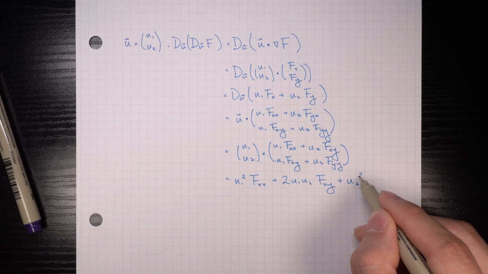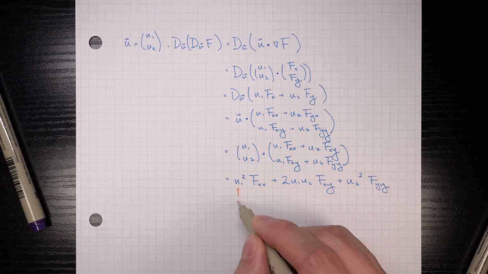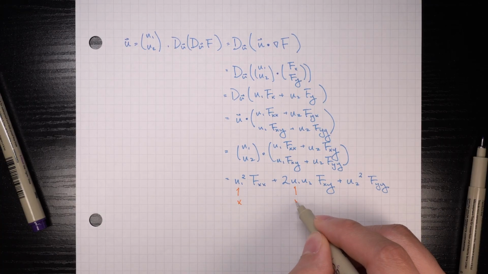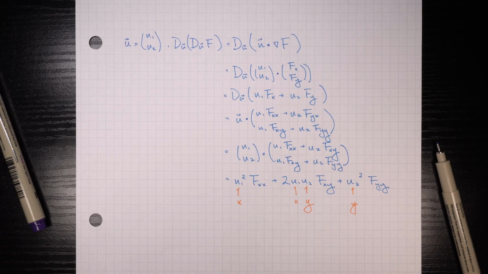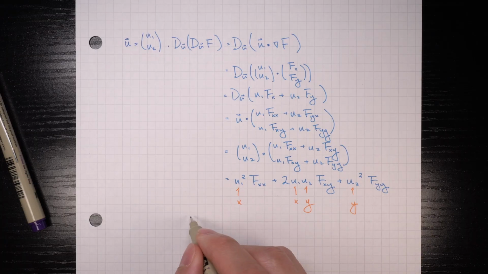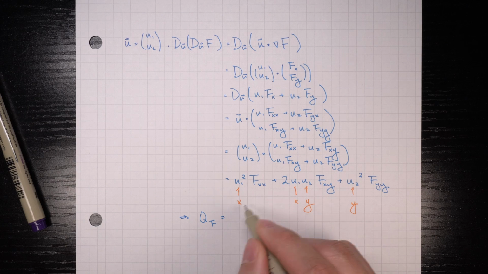And that might be a bit more clear if I label u1 as x and u2 as y. Because what we have here now is this quadratic polynomial in 2 variables whose coefficients are the second order partials of f. So let me label this as q sub f.